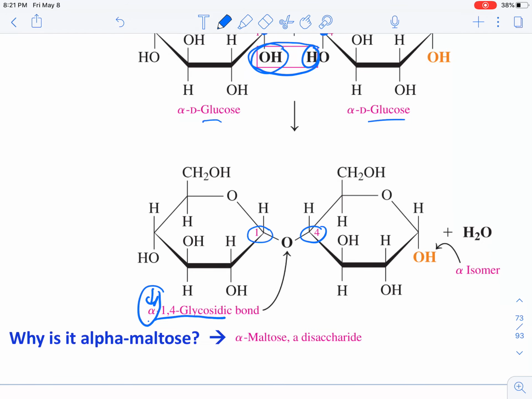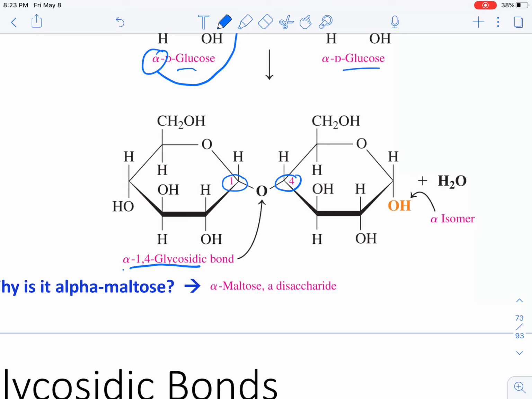And so typically that alpha pertains to the first number that you see, and that first number is the carbohydrate that's going to be on the left-hand side. Okay.